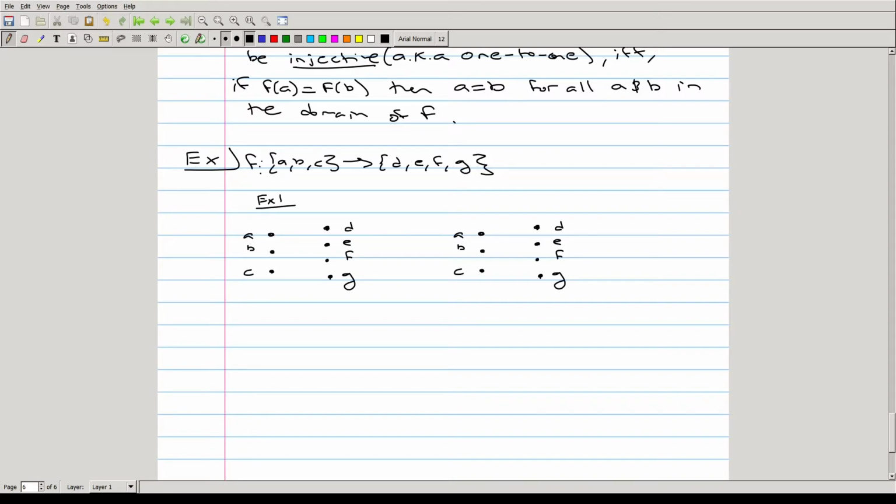So if f is a function from the set A, B, C to D, E, F, G, this function is injective, this function is not injective.